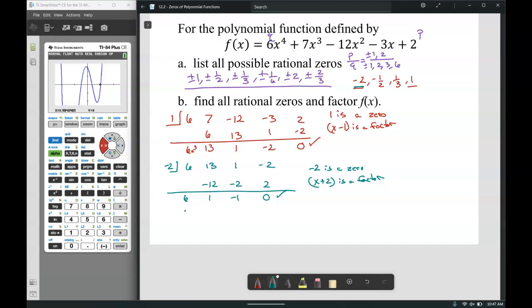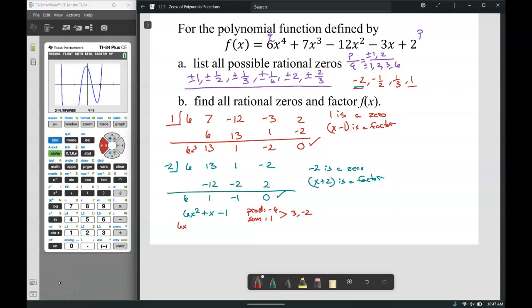And then we're left with 6x squared plus x minus 1. We have a quadratic, so we can go ahead and factor that. A product of -6, but a sum of 1 is going to give us two numbers, 3 and a -2.